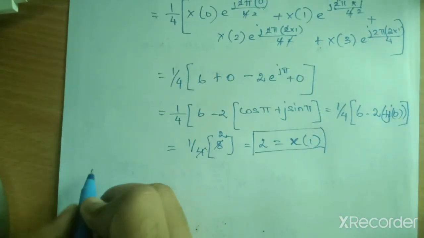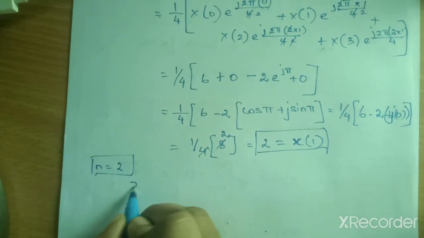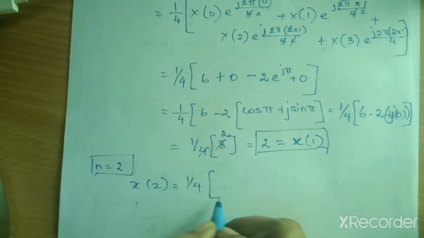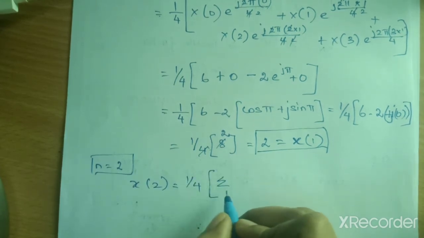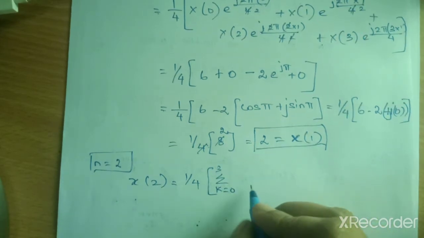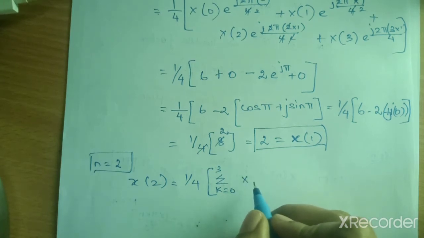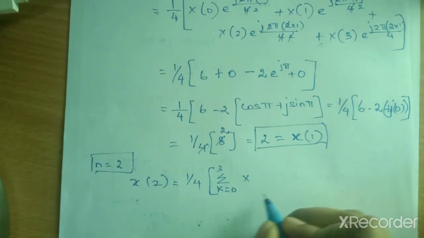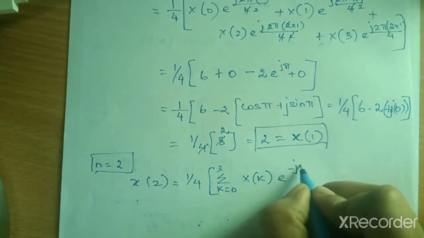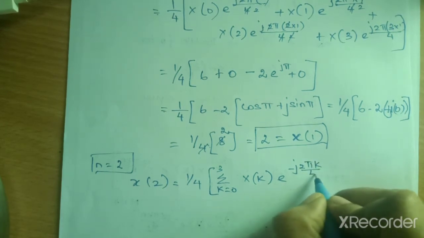Similarly, you have to substitute the value of n is equal to 2. So x of 2 is equal to 1 by 4 summation of k is equal to 0 to 3 x of k e power j 2 pi k n by 4.